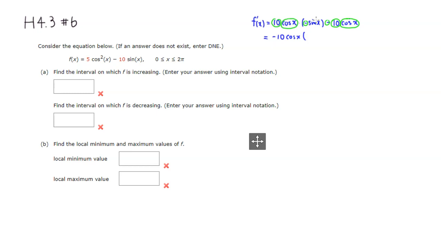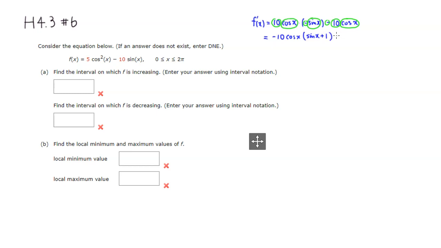What's left is simply sine of x from the first term, and everything is pulled out, so it's going to be a plus 1 left over from the second term. So that's the first derivative.